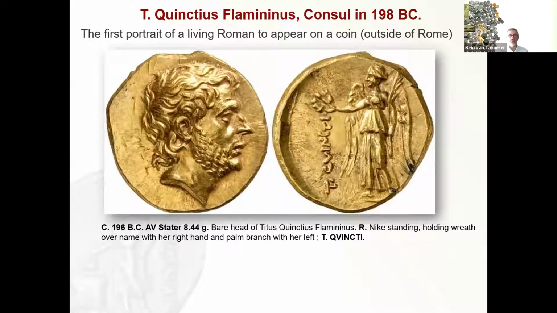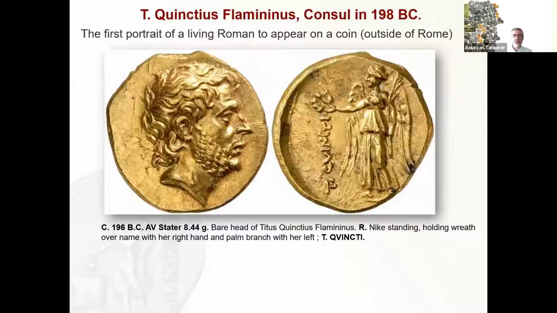So no one is more important than the state, and the state is represented by the Senate, and the Senate has 2 consuls and other smaller officers, and no one can stand before the others, so their images cannot appear on anything other than their own personal display. And here, for the first time, a Roman appears on a coin outside of Rome, of course.